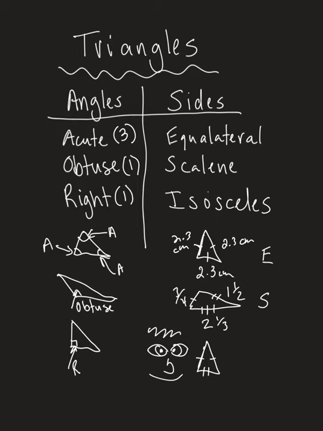You have two eyes that are same, isosceles. Okay, so your numbers here could be 2, 2, and 1. Okay, they could also be 3.4, 3.4, and they could be 2.3. Doesn't matter, as long as you have two sides that are the same, then you have an isosceles triangle.